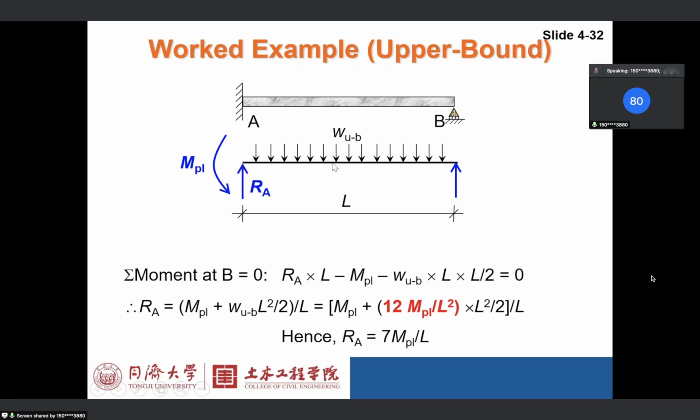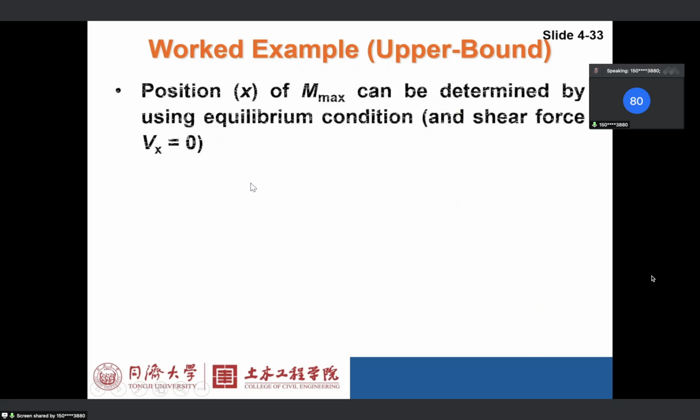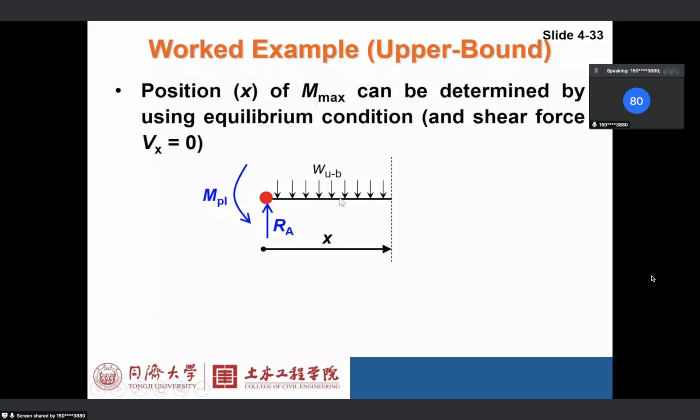And then if you get RA, can you quickly get the equation of bending moment or shear force with X, right? Because X equals 0 here, and X is along the length of the beam. The position X of maximum bending moment can be determined by using equilibrium condition, and shear force equals 0.